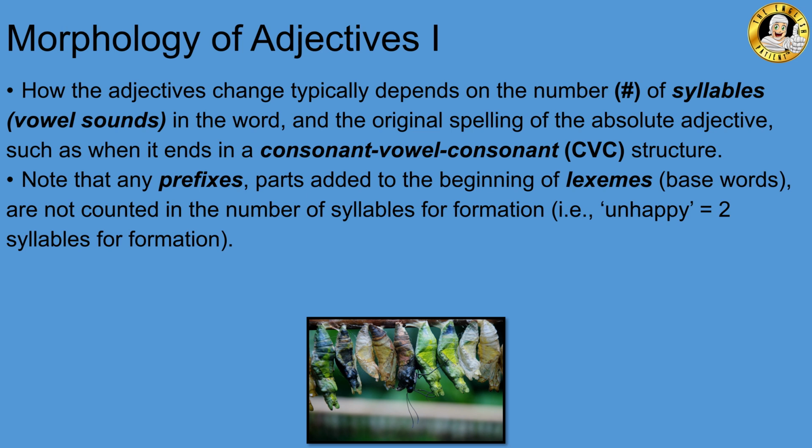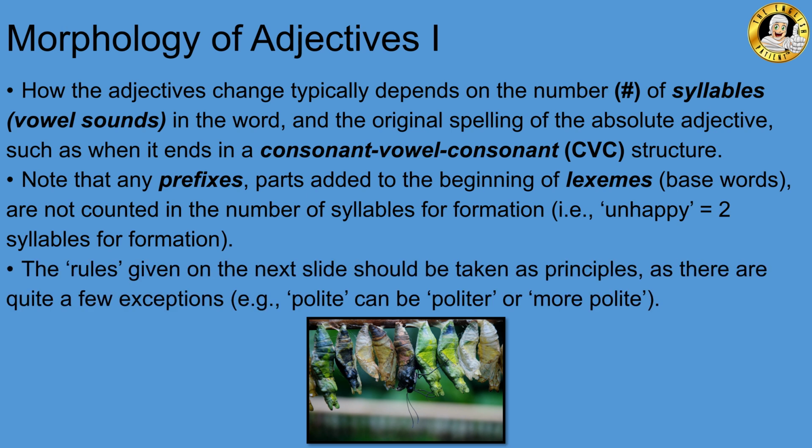In other words, unhappy is 3 syllables, but un is a prefix that we're adding to the beginning to say essentially sad, not happy, unhappy. But we're counting it as 2 syllables because the base word, the lexeme, is happy. So don't count any prefixes when it comes to the number of syllables for formation.